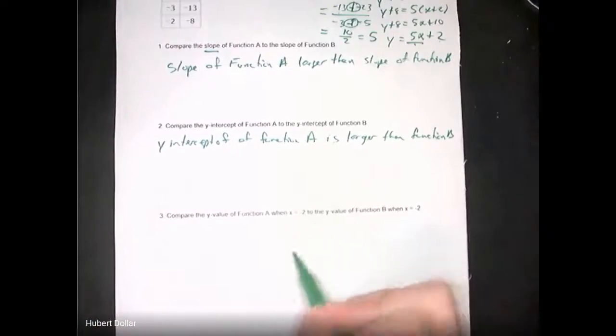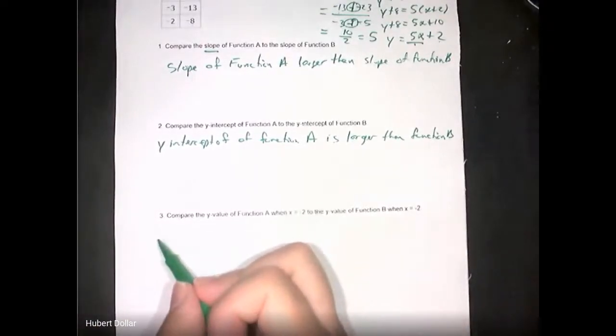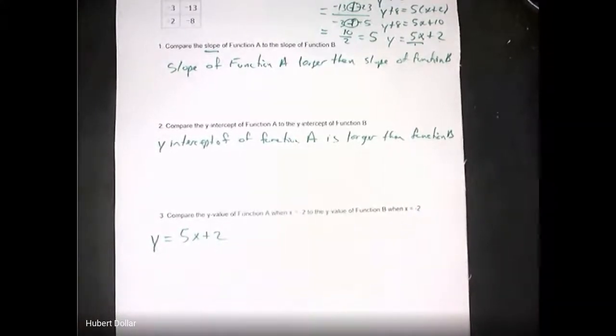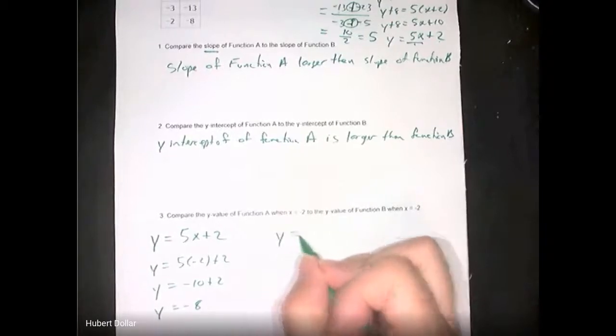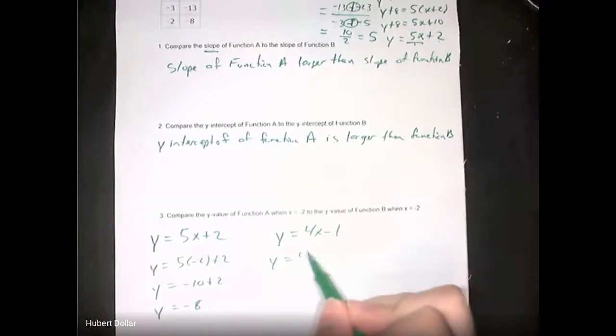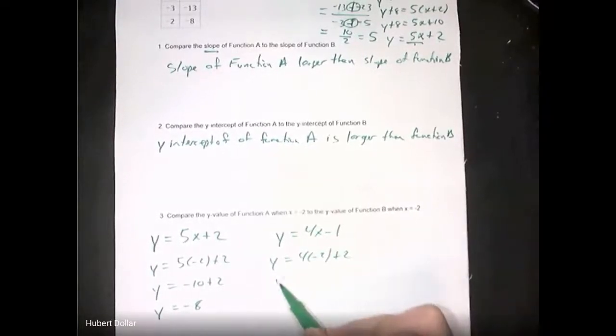And finally, the third way to compare is we choose a random point. We chose -2. So we have function A is y equals 5x plus 2. Plug in -2. 5 times -2 plus 2, so that's y equals negative 10 plus 2, so y equals negative 8. Function b is y equals 4x minus 1, so y equals 4 times negative 2 minus 1, so y equals negative 8 minus 1, so y equals negative 9.